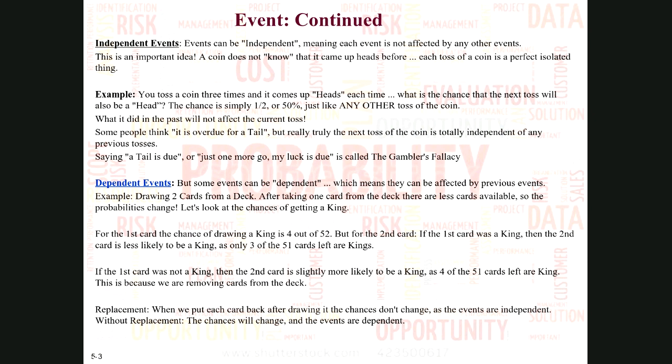It's going to be the same probability as drawing it the first time. If you don't replace, then you're reducing the deck by 1 each time, and the chances will change. So, any questions about that? Everybody understand that? All right.